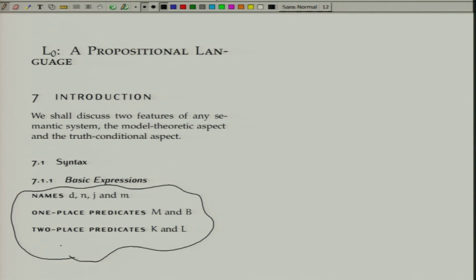So, you have 4 names here. Names, remember, are not part of reality, they are linguistic things, they are part of the language. After that, this system has 2 one-place predicates M and B. Also, it has two two-place predicates K and L.